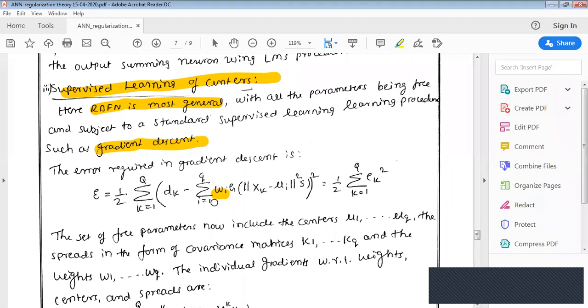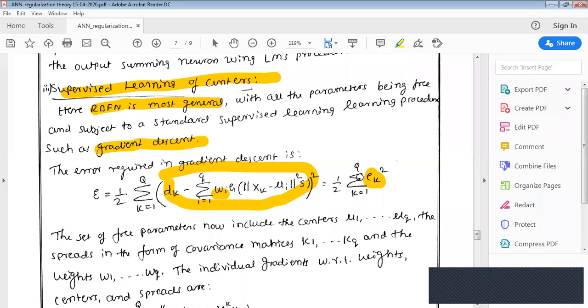I have not shown W naught, it is from W1 only, into g of xk minus mu i whole square. This is your training function which we adopted, the Gaussian training function, into S. S is a constant. So this entire value I'll name as Ek. Ek represents the error. So error square is taken. That's why Ek by root 2 whole square will become Ek square by 2.